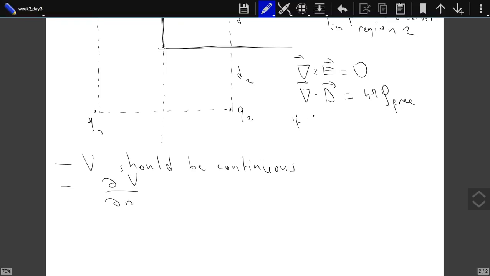Now, we don't have rho free. So if rho free is equal to 0, it means the component of the displacement field perpendicular to the interface is continuous.